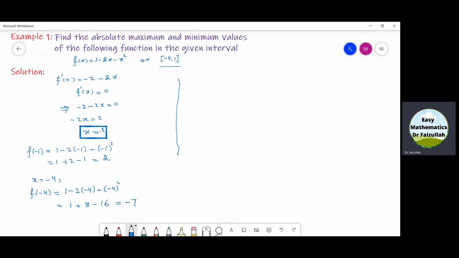The last point is x is equal to 1. So let us put it in the given function. We have f of 1, which is equal to 1 minus 2 into 1 minus 1 square. If I simplify this, we get f of 1 is equal to -2.